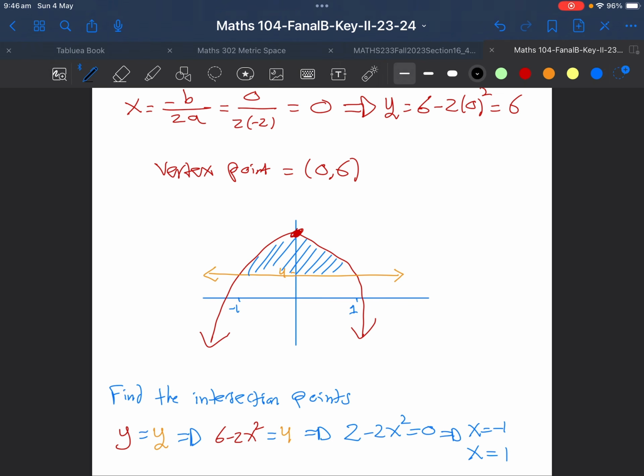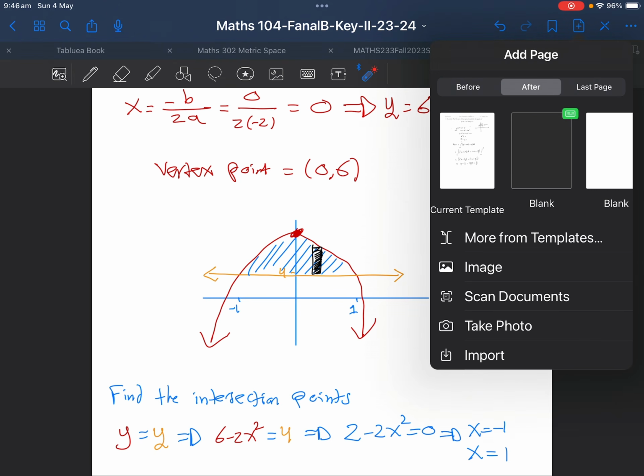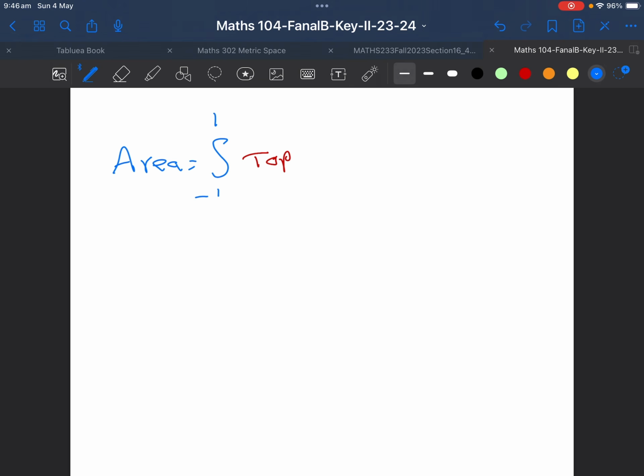What we need to do next is put a rectangle in the middle and find the top and the bottom of this rectangle. It's clear that the red function is the top and the orange function is the bottom. So the area is the integral from -1 to 1 of the top function, which was in red, minus the bottom function, which was in orange, dx.